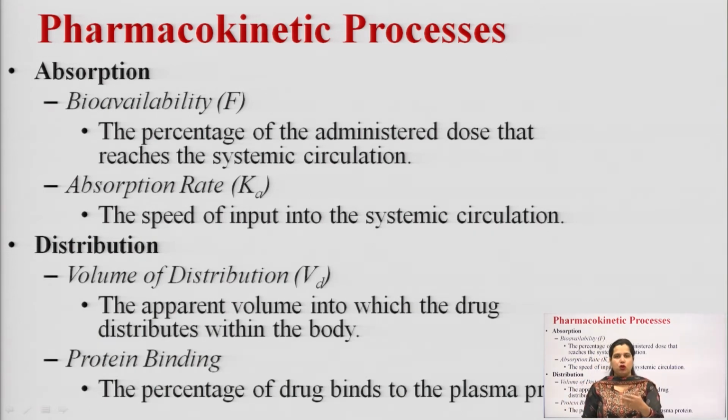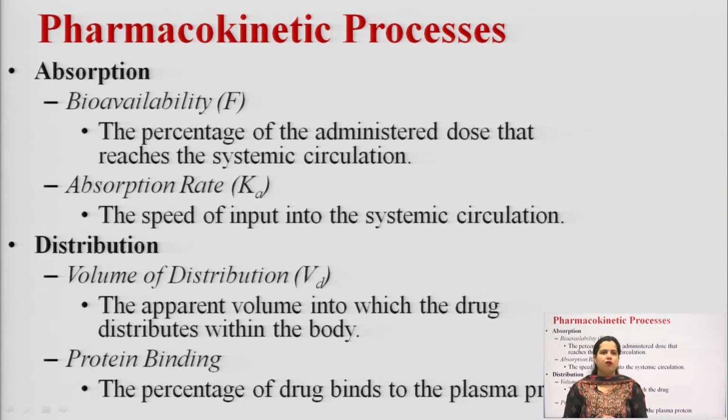Distribution. The process next to absorption is distribution. After reaching systemic circulation, the drug will start spreading or distributing among the body tissues, right. Here, volume of distribution is the important parameter to identify the drug distribution pattern among several receptors.